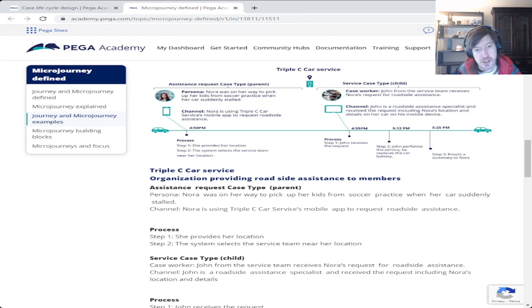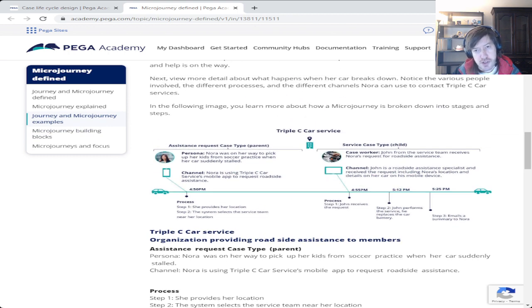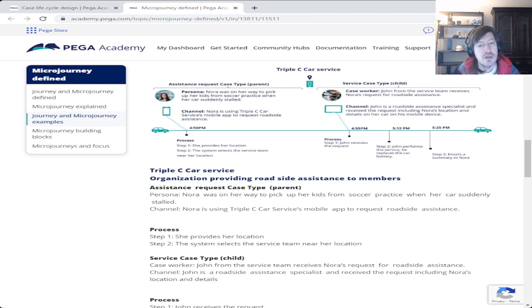How do I know that she is part of the Triple C car service? Based off of these processes, you don't. That's the problem with this at this moment in time.